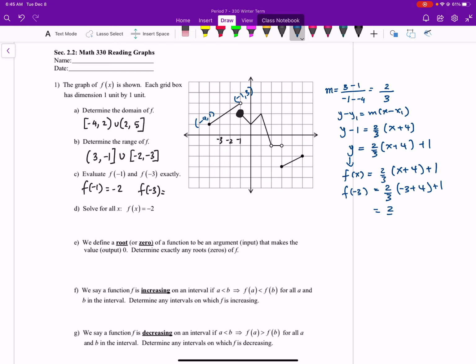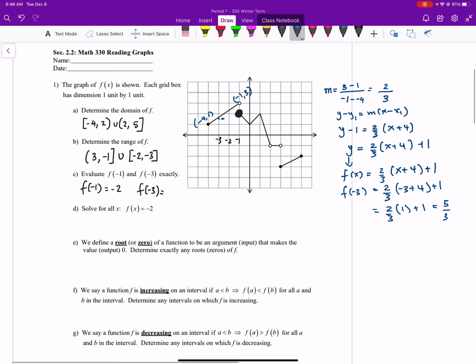We end up with 2/3 times 1 plus 1, that's 5 over 3. So 5 over 3 is approximately close to 2. That kind of makes sense as the y value. So that is 5 over 3.